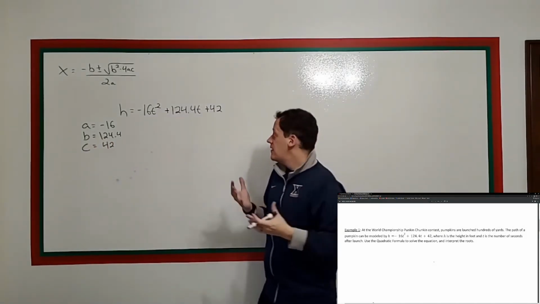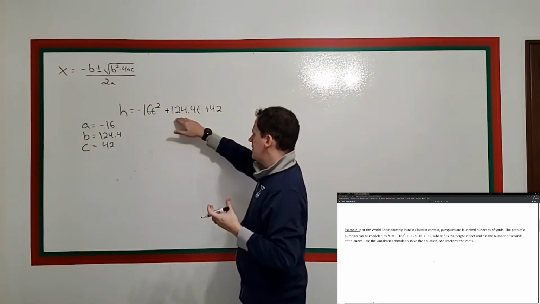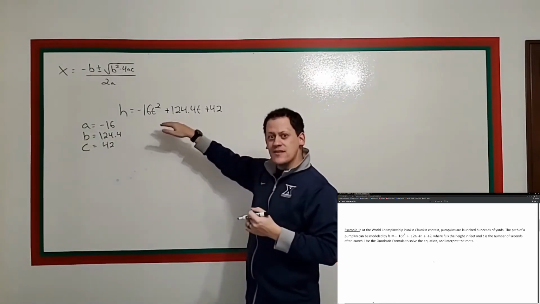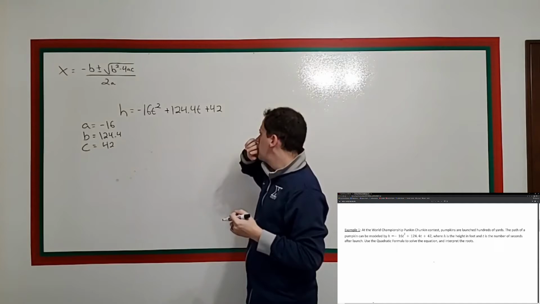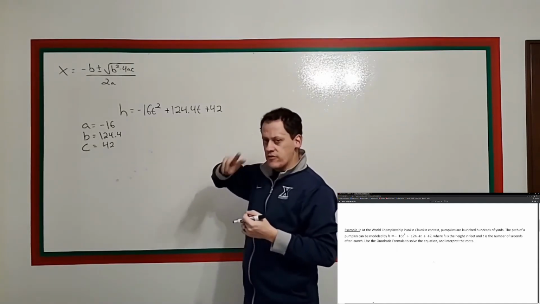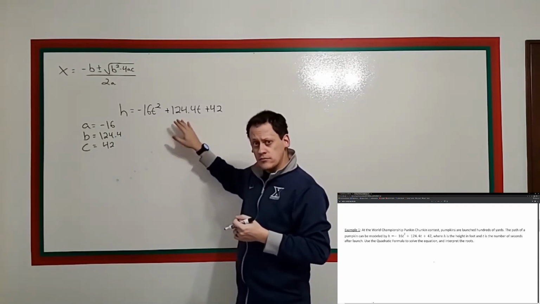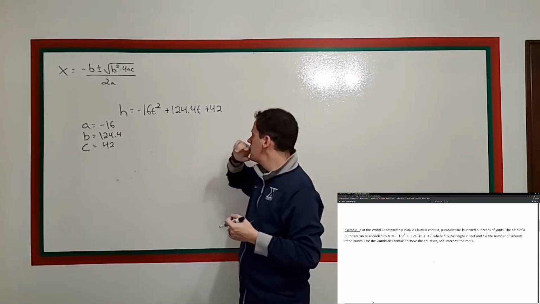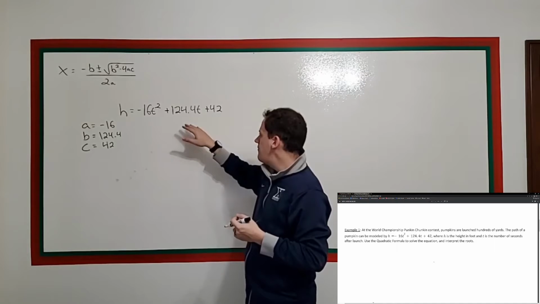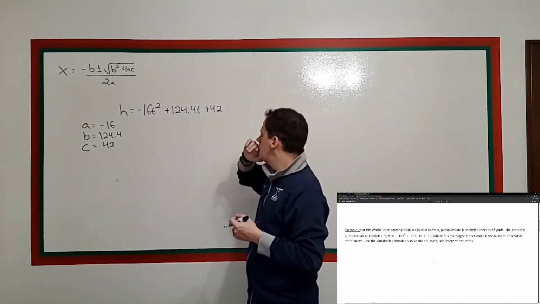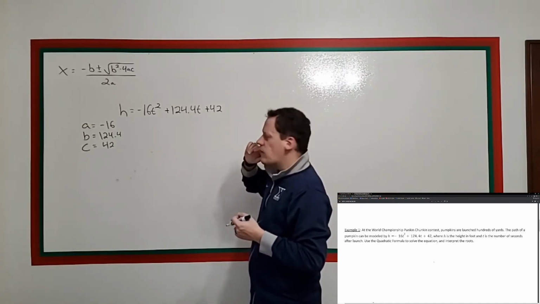So, solving this equation using any of the other methods that we know about would either be impossible or very difficult. I don't think this is factorable. Not that I've tried, but I don't think it is. I suppose you could graph it, but that's kind of cheating. Square root property.